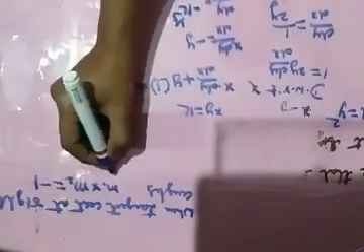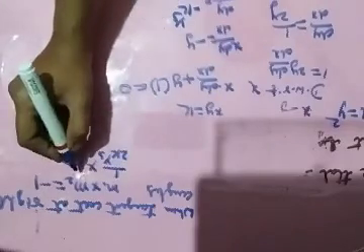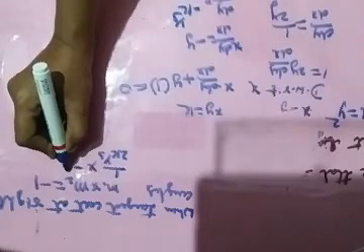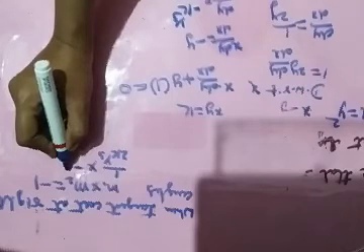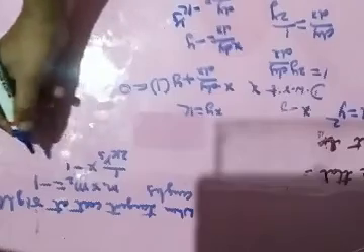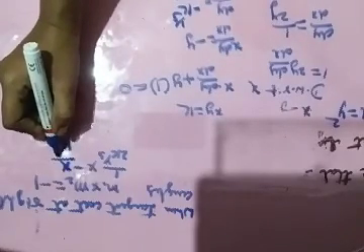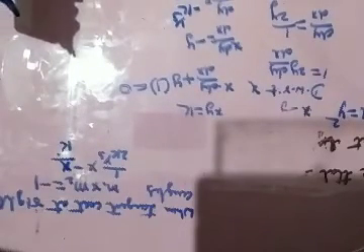So that is 1 divided by 2k raised to 1 by 3 into minus x divided by k raised to 1 by 3.